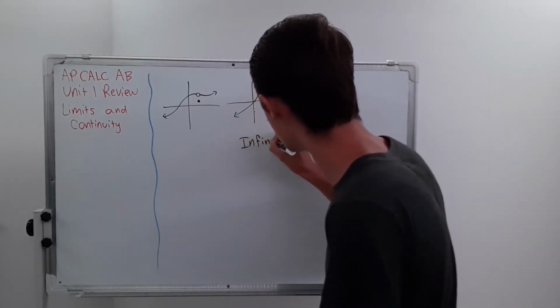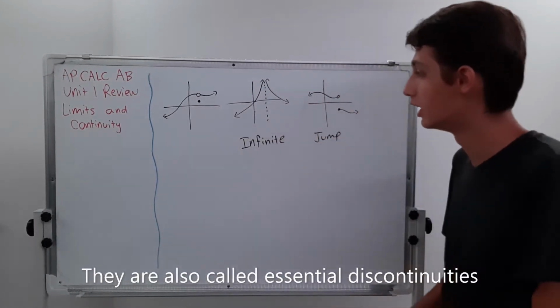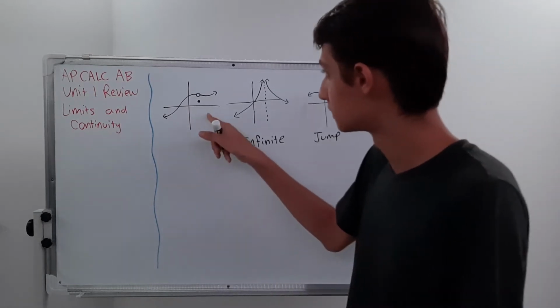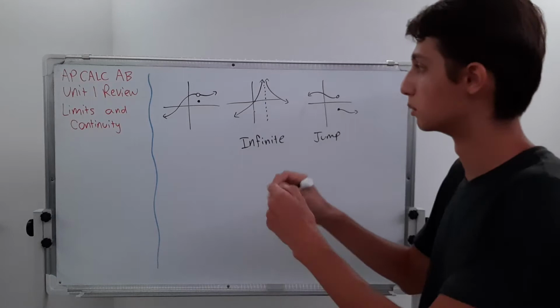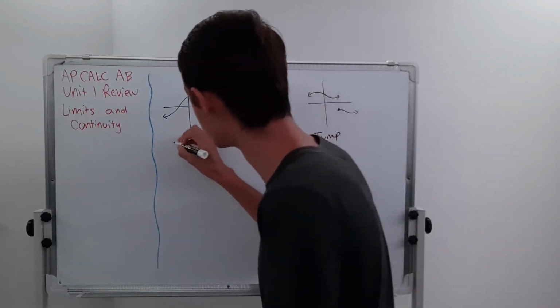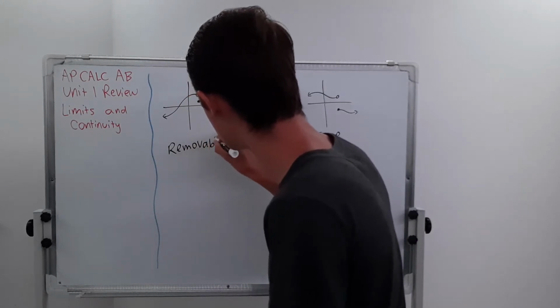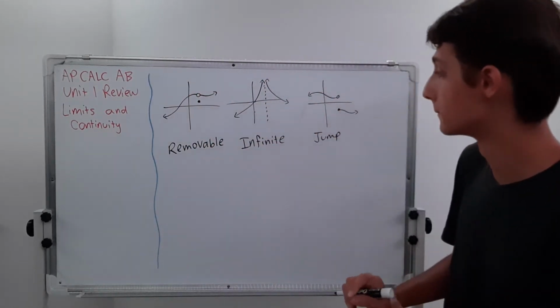I can't quite remember them. I'll probably put them in down here somewhere. This is an infinite discontinuity. And this, well, you remove a point, even if you move it somewhere else. You just remove a point from a graph. So this is known as a removable discontinuity, or I think sometimes it's known as a point discontinuity.